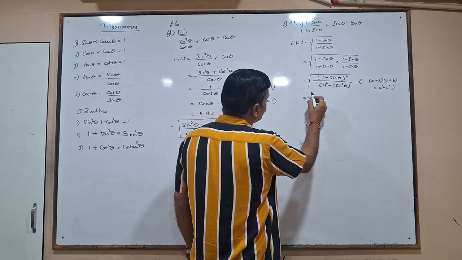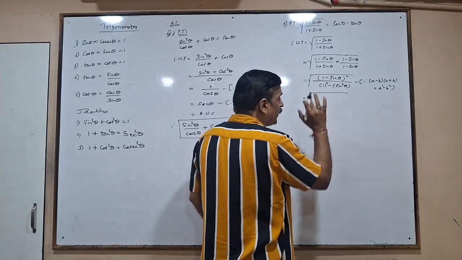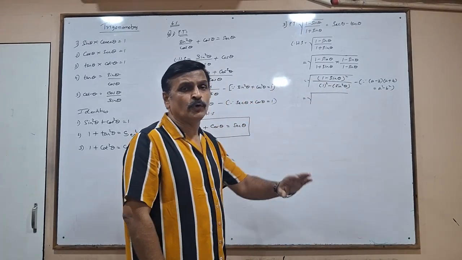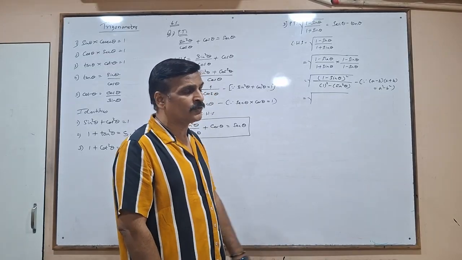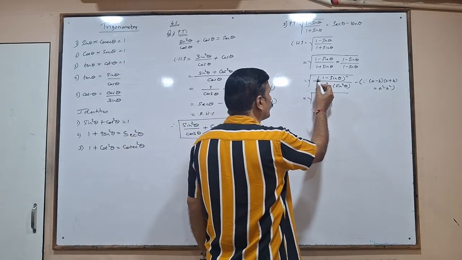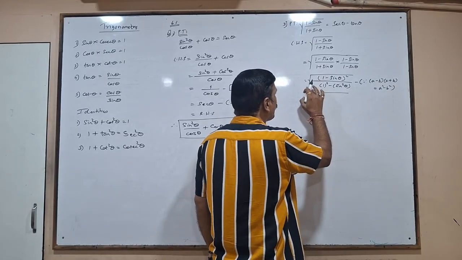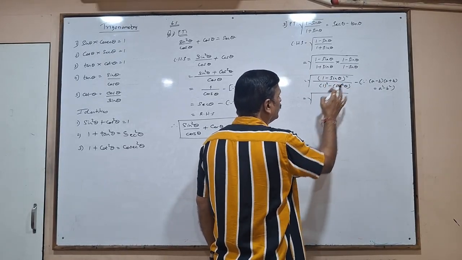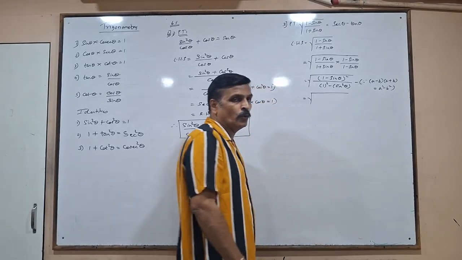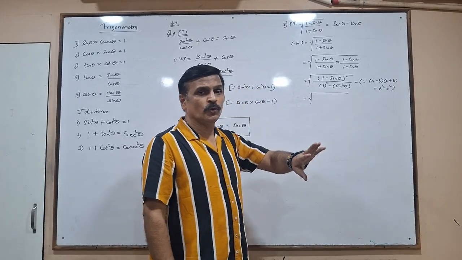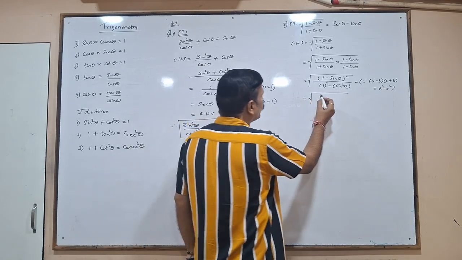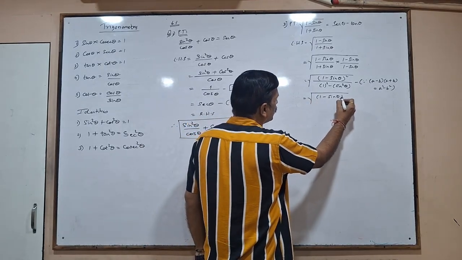Unless both the terms are properly in square form, you don't remove the square root. Presently, the numerator is in square form, but the denominator is not, because there are two terms. You can't take the square root of 1 square minus sine square as 1 minus sine. No, there is a negative sign here, so that is not allowed. So I'll write the numerator as it is.